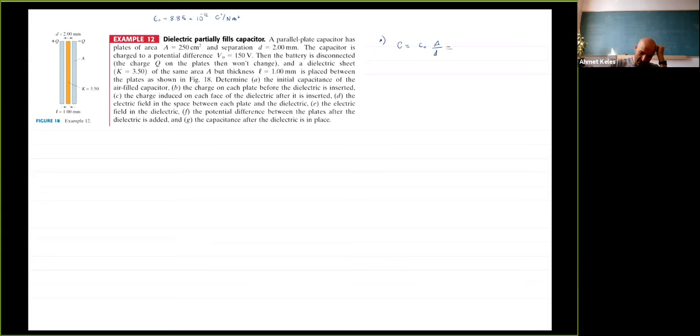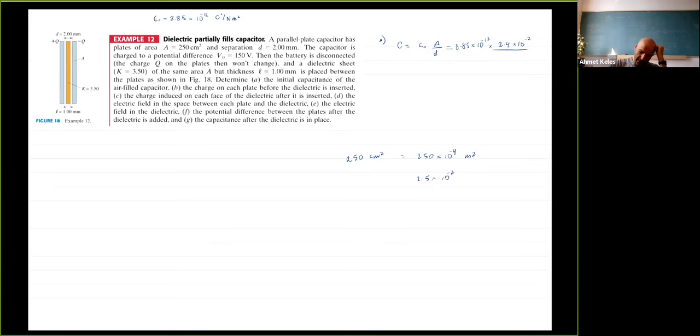So let's put in these numbers. 8.85 times 10 to the minus 12, times the area: 250 centimeters squared is equal to 250 times 10 to the minus 4 meters squared, which is equal to 2.5 times 10 to the minus 2 meters squared.